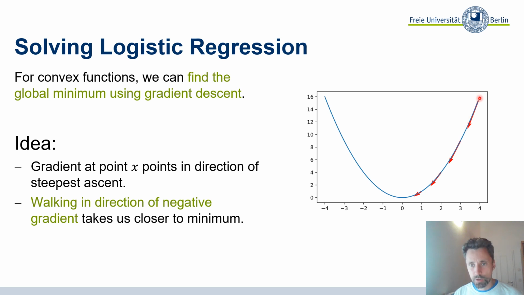Starting at a certain point in the loss landscape, we could just look at whether to walk in this direction or that direction in our x dimension that decreases our loss. And so we would step by step walk down this slope until we end up in this minimum. And since it's a convex function, we are guaranteed that this is the global minimum.